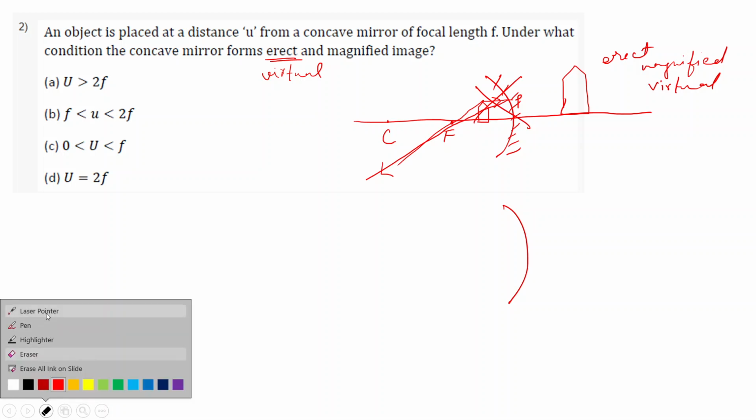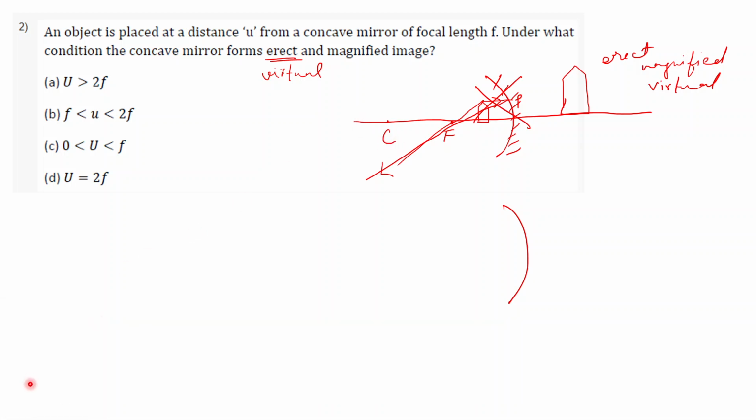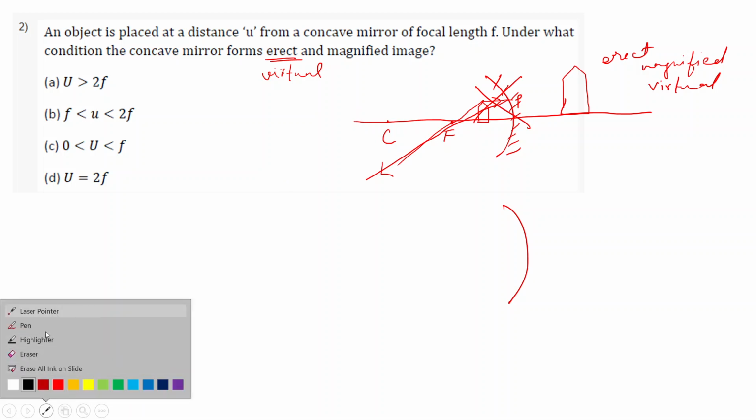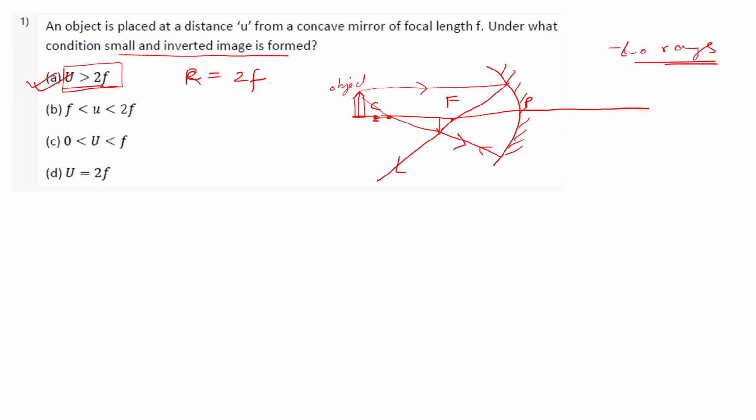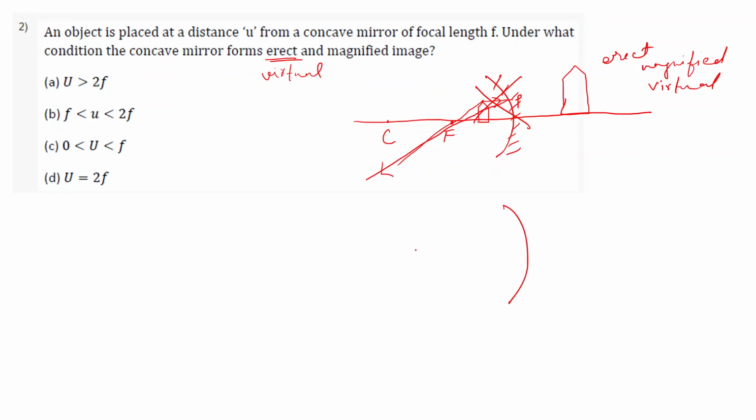Like in the previous case, we had considered one ray going parallel, passing through the focus, and another ray passing through the center of curvature. Let's do the same. This is the principal axis, this is my mirror, this is the focus, this is the center of curvature, and there is an object here.